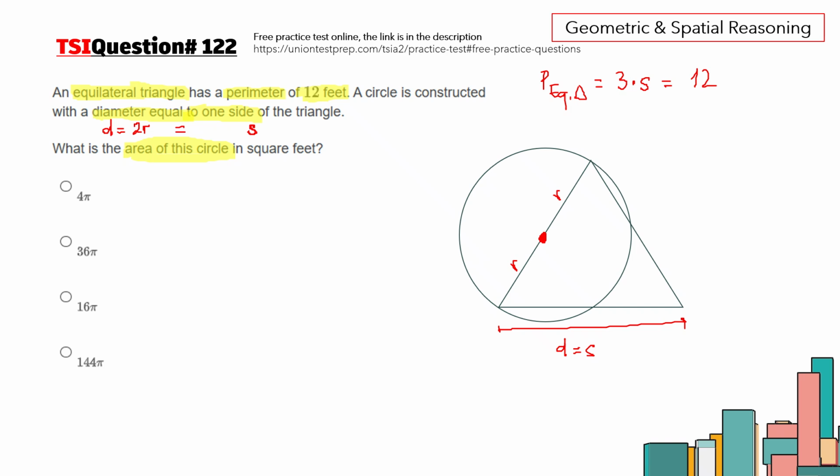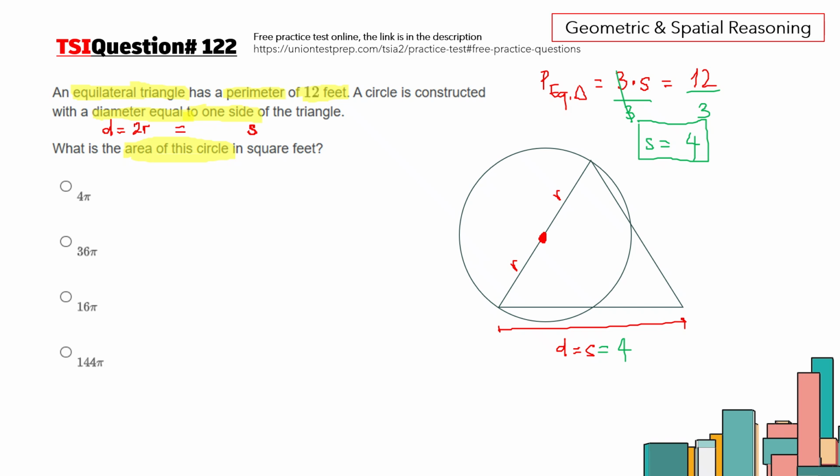It's easy to find S by dividing both sides by 3, so S is equal to 4. If S equals 4, then the diameter of this circle is 4.